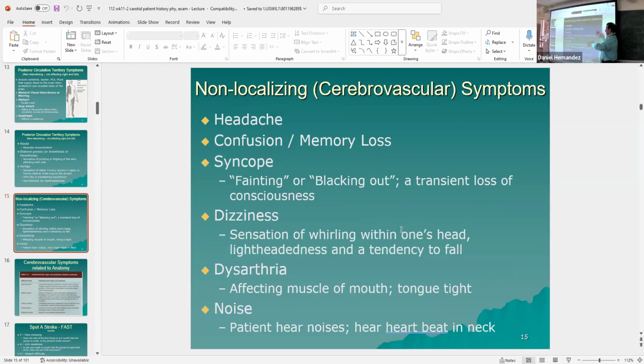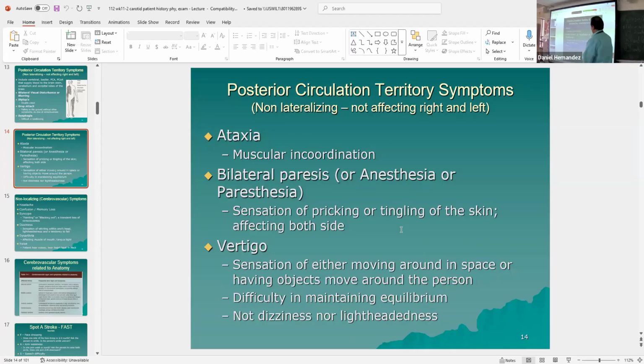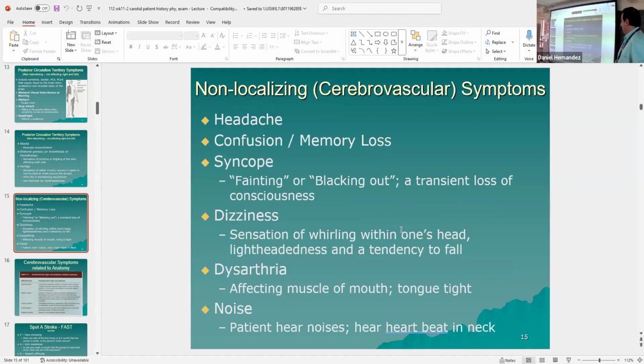Could be anterior, could be posterior, we're not sure. But the only other symptom that they have is vertigo. So then I would say it's most likely posterior circulatory, most likely vertebrobasilar based off that patient's symptoms. So they had some vertigo and then they blacked out. They had the syncopal episode. If they just give you non-localizing ones, you can't make that determination.